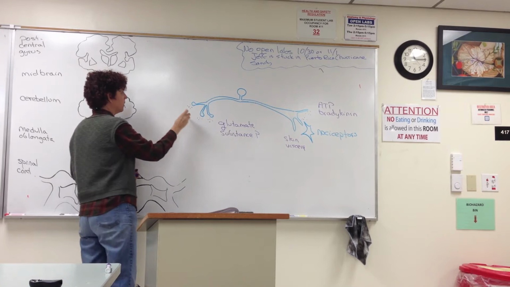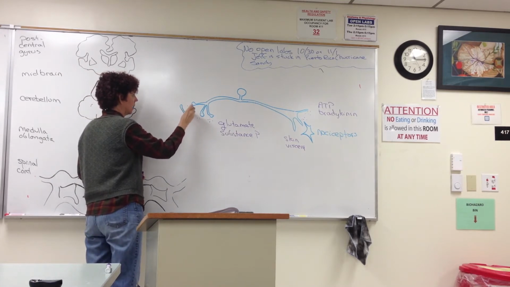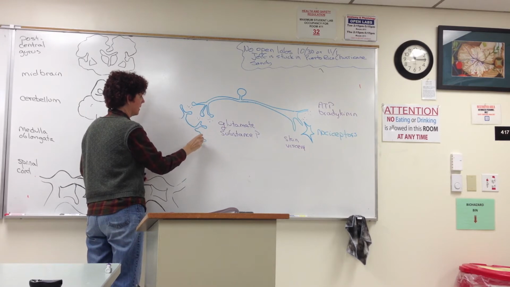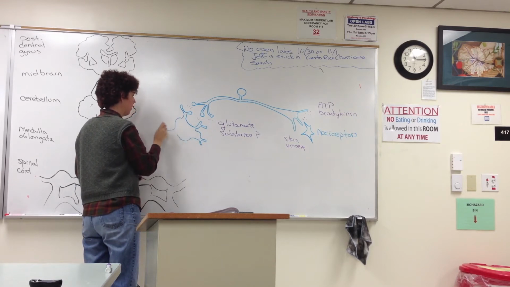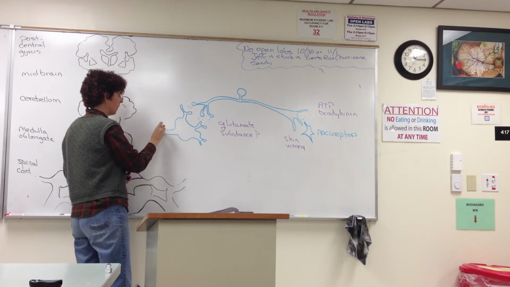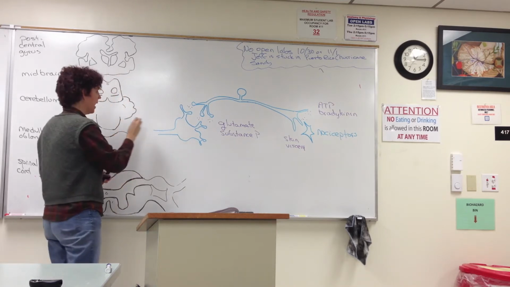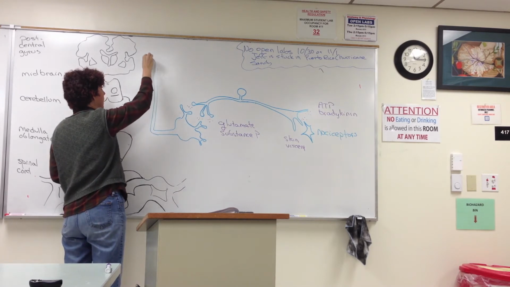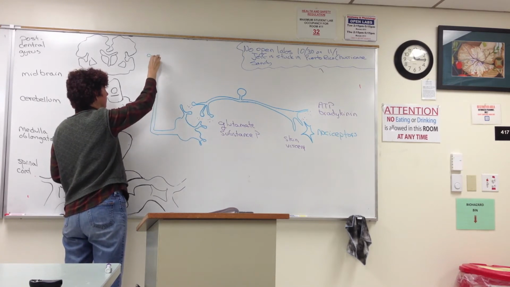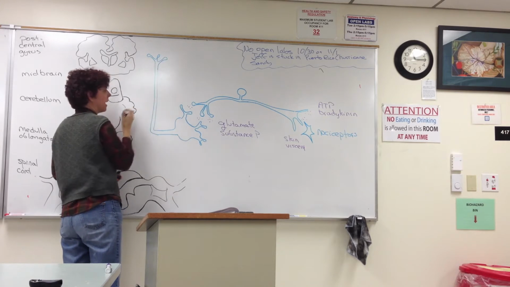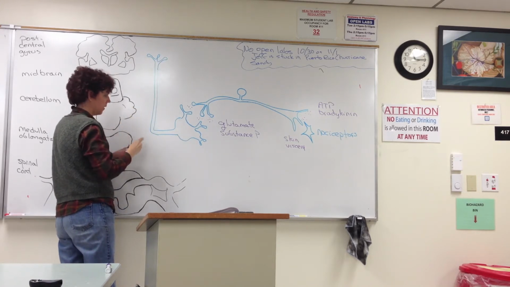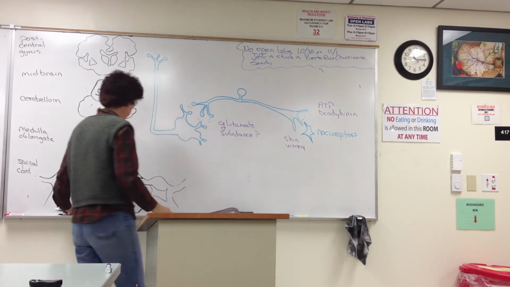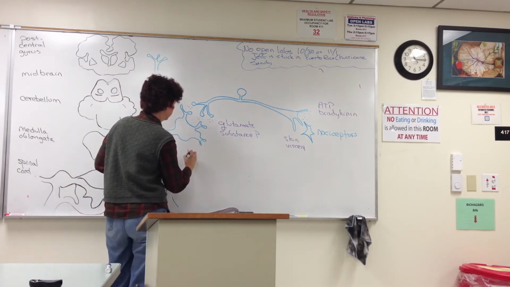And then the second order neuron would bind these substances, and this neuron would cross in the spinal cord, remember, and would ascend and end up in the thalamus. So this region is posterior gray horn.